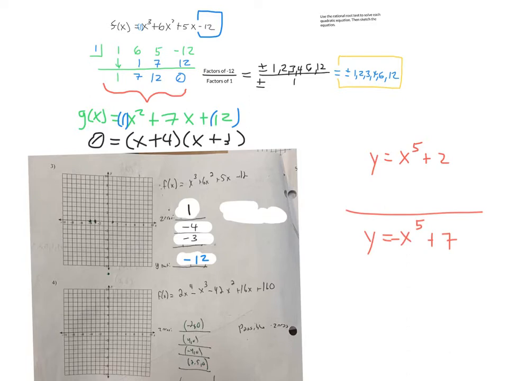This one has a positive leading coefficient and an odd degree. So you want to think of it as like a line, like a slope. Imagine you had a line where the slope is positive, because this is a positive leading coefficient. What do you do when you have a positive slope? It's a line that goes up from left to right.